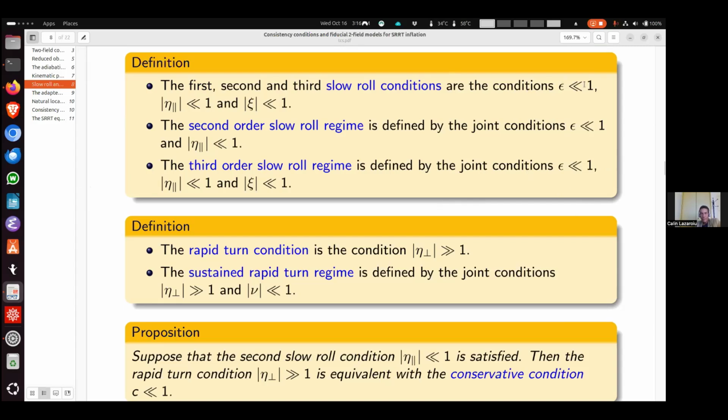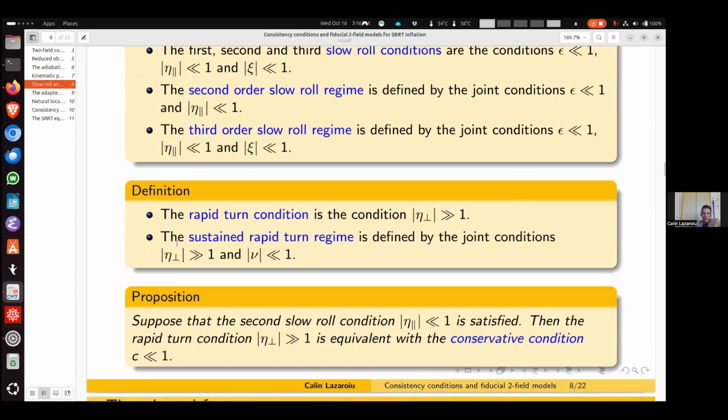The simplest condition that you require is first order slow roll, and first order slow roll is equivalent to first slow roll. So k-th slow roll means that you require the k-th slow roll parameter to be much smaller than 1 on its own. K-th order slow roll means that you require the first k parameters, including the k-th, to be all smaller than 1 simultaneously. That's the general framework. Is it clear? Yes. Okay, good.